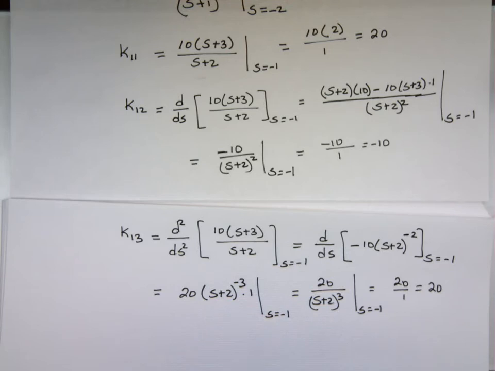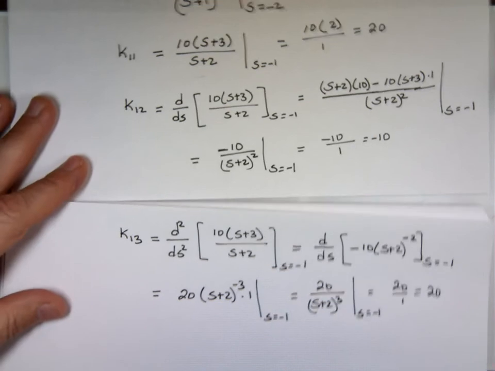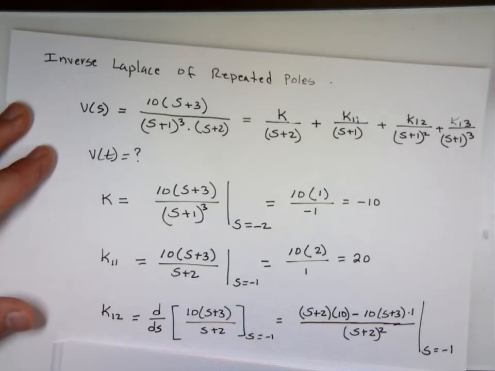I think it's quicker than the math, the way we did it in differential equations. So now we know K1, K2, and K3. Here we go. K is negative 10.